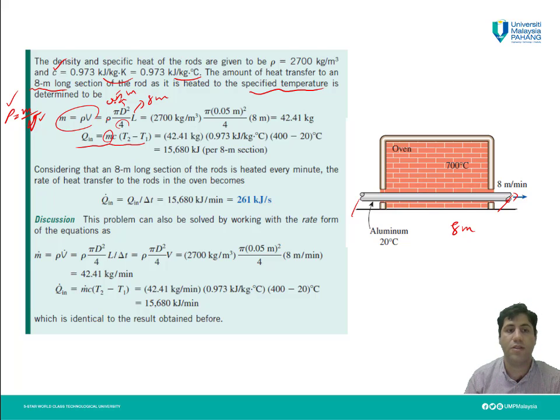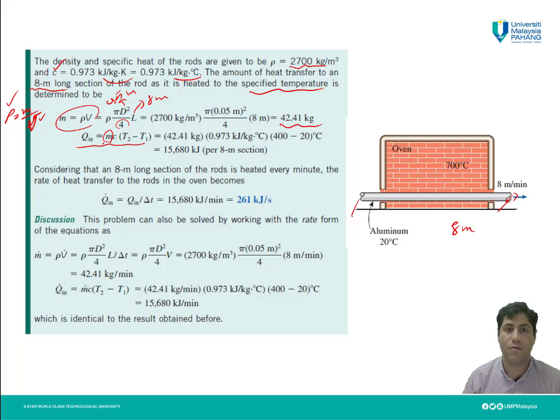And also density is given, 2,700 kilograms per meter cubed. If we substitute all of these variables, we will find this value for the mass of 8 meters of this rod.